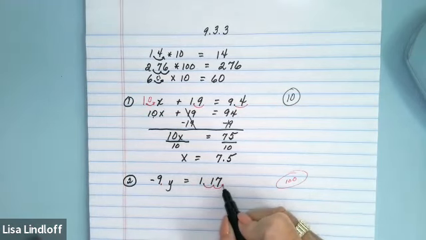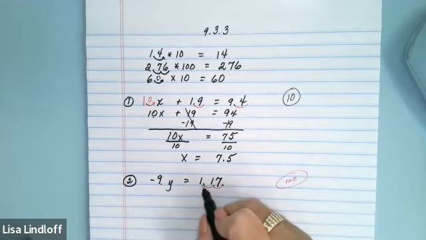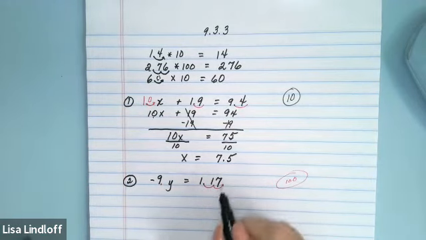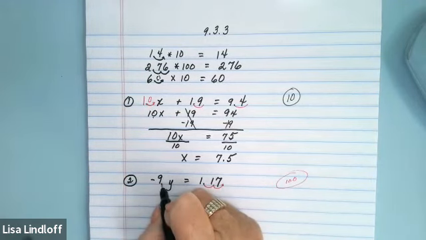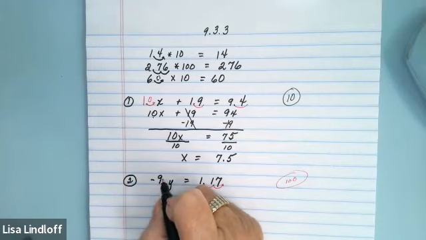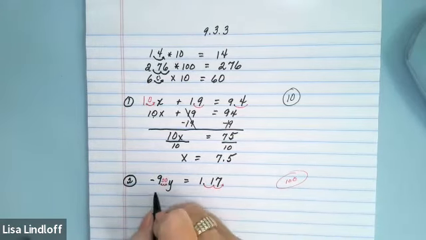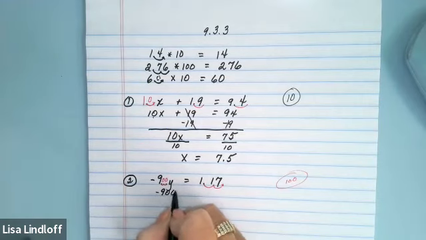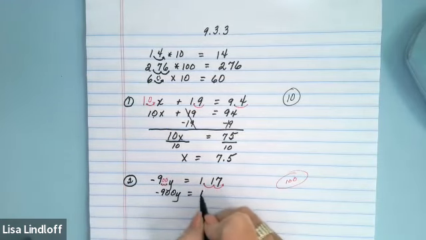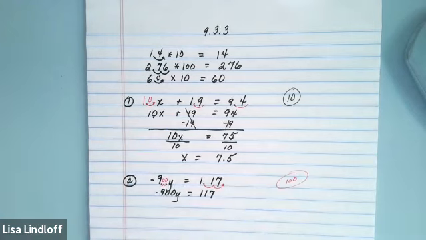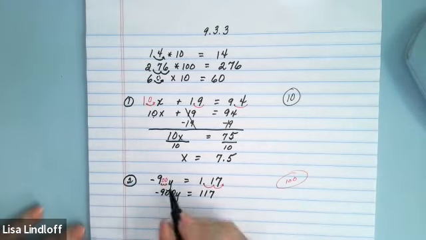What would it take to get the decimal to the right? It would take moving it 2 places, do it there, do it here, add 2 zeros. This becomes negative 900y is equal to 117. Now you don't have any decimals.